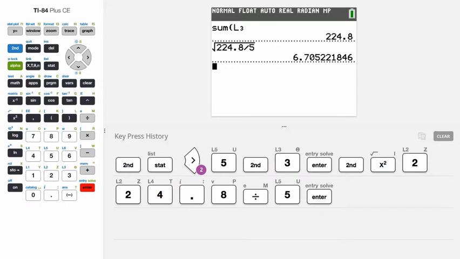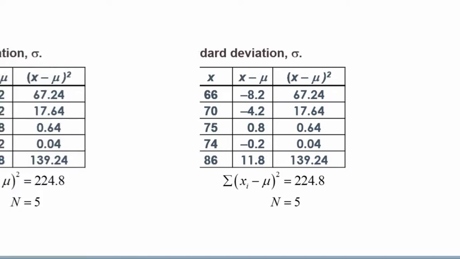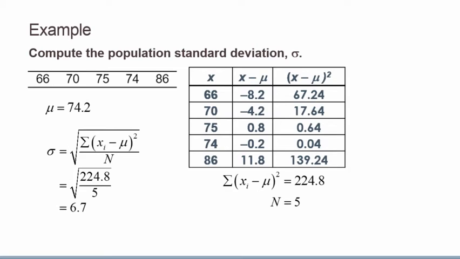Then enter, and we have 6.705. If we're rounding to one decimal place, we have 6.7 as our standard deviation.